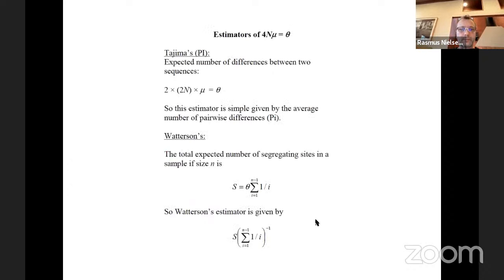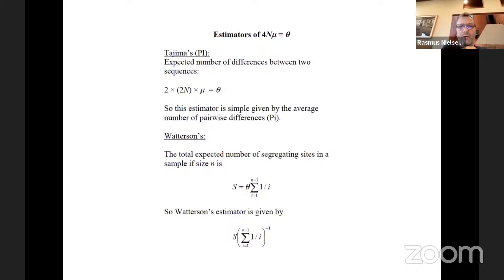All right. So now we're going to get into inference. And briefly, I derived some estimators last time of effective population size that we talked about last year. And you're all forgiven if you can't remember that or if you weren't there, but ways we can, with simple summary statistics, estimate this population genetic parameter, which is called theta, which is 4Nμ, the product of population size and mutation rate.